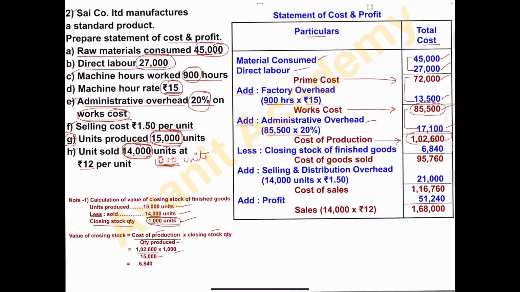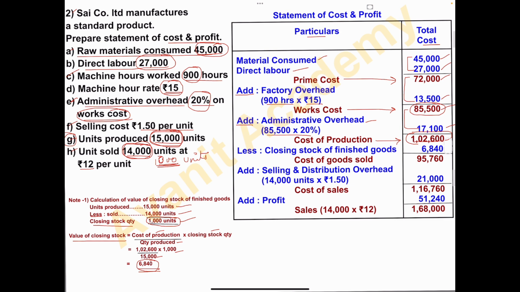Calculate this: 1,02,600 into 1,000 divided by 15,000. You will get 6,840. 6,840 is the value of closing stock of finished goods, and this amount we have to deduct from cost of production.